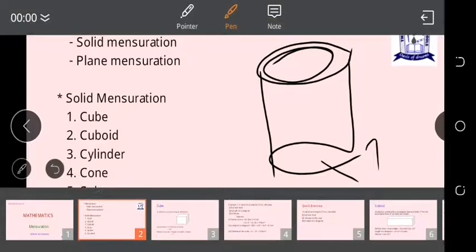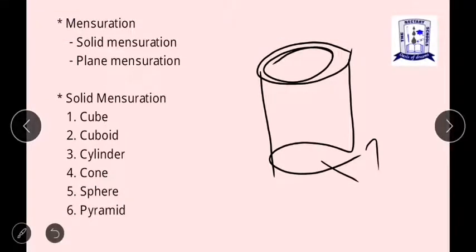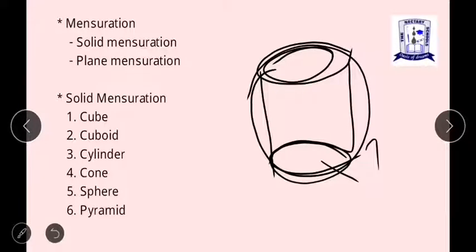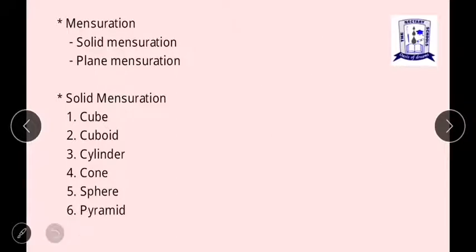No. So the fact that the bottom cannot be seen makes it a solid shape. If we are looking at the front side of the tin of milk, can you see the back side? No. So the fact that you can't see all the parts of a particular shape at the same time makes that shape a solid shape.